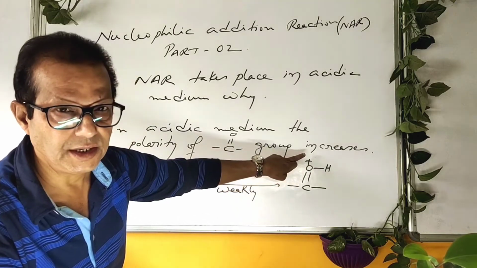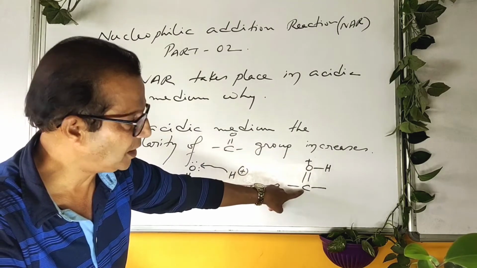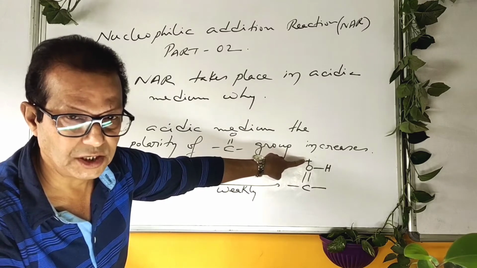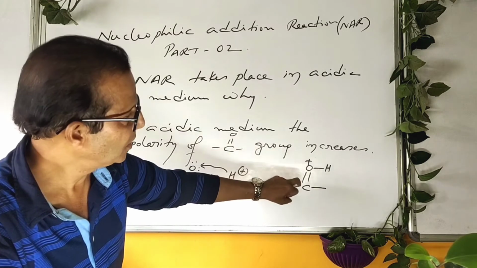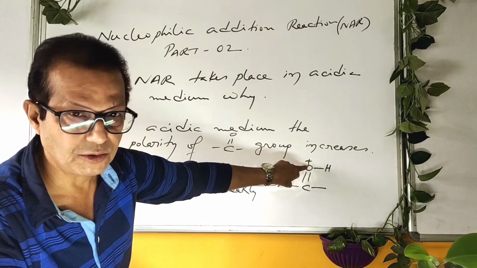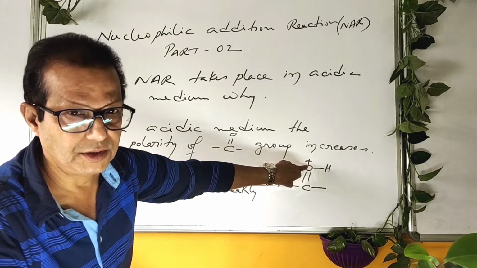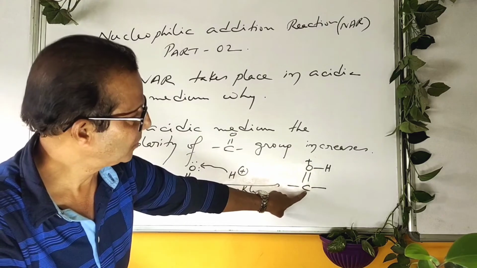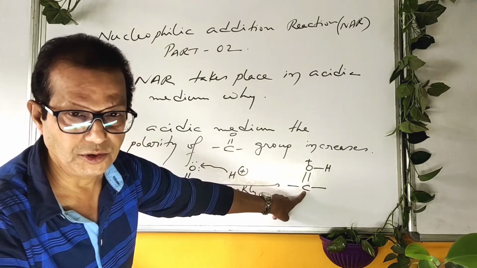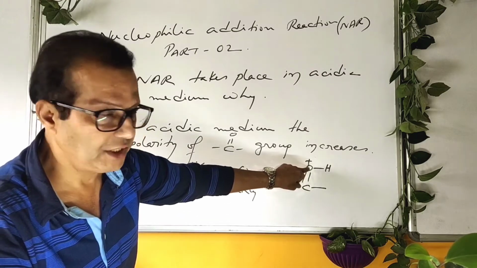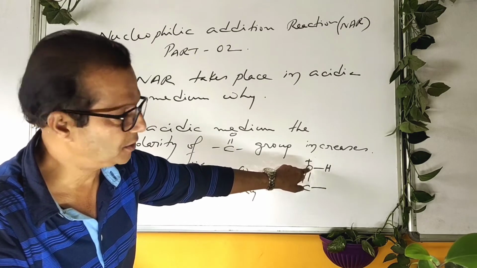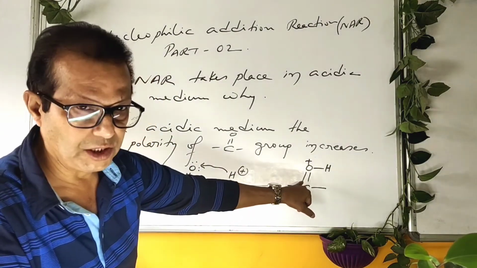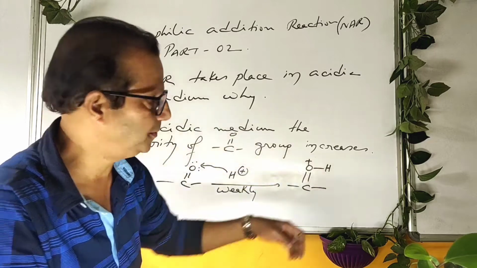As oxygen is more electronegative than carbon, oxygen cannot have positive charge. I repeat, the electronegativity value of oxygen is 3.5, then carbon 2.4, so oxygen cannot be positively charged. When the nucleophile approaches towards the carbonyl group, see what will happen.